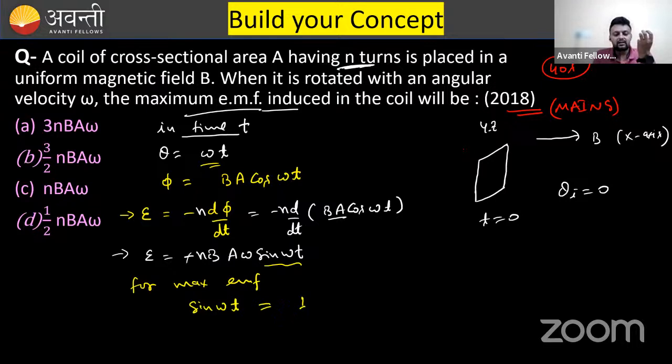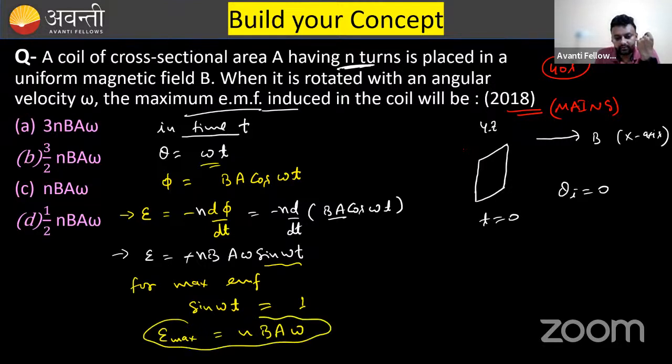So E maximum will be NBA omega, which is your correct option number C. Very good, Bhavnagar. NBA omega, this is not half NBA omega, this is NBA omega. Is it clear? I hope so. Very good.